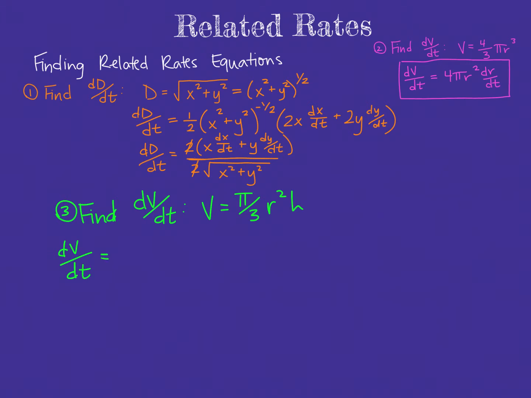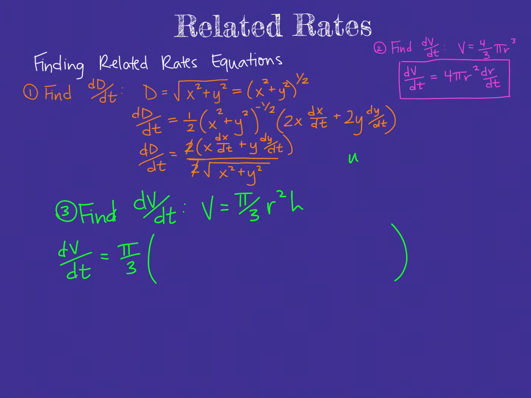Then the equals part, pi over 3, I will keep out front, and then do the product rule inside here. I'm not using pi over 3 as part of the product, just because it's simpler to keep it out front. So we have r squared times h. We can think about this as a u and a v if we'd like.